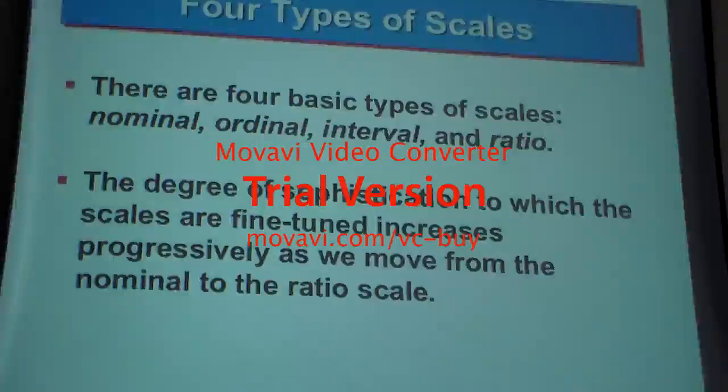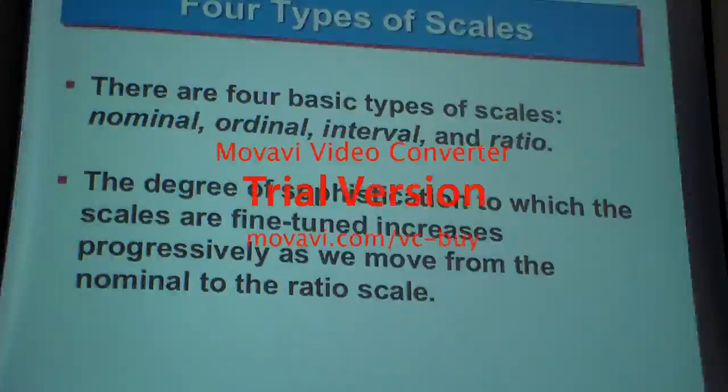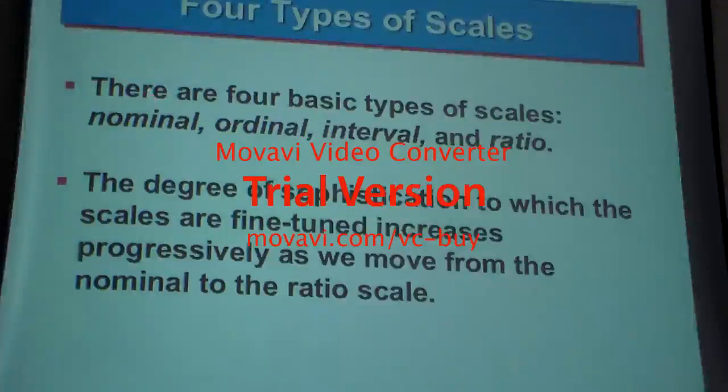We have 4 types of scales in statistics. 4 basic types: nominal, ordinal, interval, and ratio. The degree of sophistication, how complicated these scales are, to which the scales are fine-tuned, increases progressively as we move from the nominal to the ratio scale. So this one is the easiest one, which is the nominal. Then ordinal is more complicated or sophisticated than nominal.